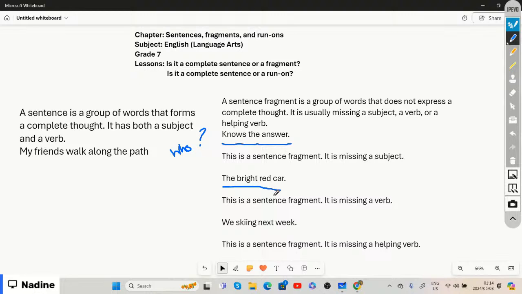And then we also have another one. It says, "we skiing next week." And remember, if you don't put helping verbs there, then that is also just going to be a fragment. So sentence fragments do not express a complete thought, and they're either missing a subject, missing a verb, or even missing a helping verb.